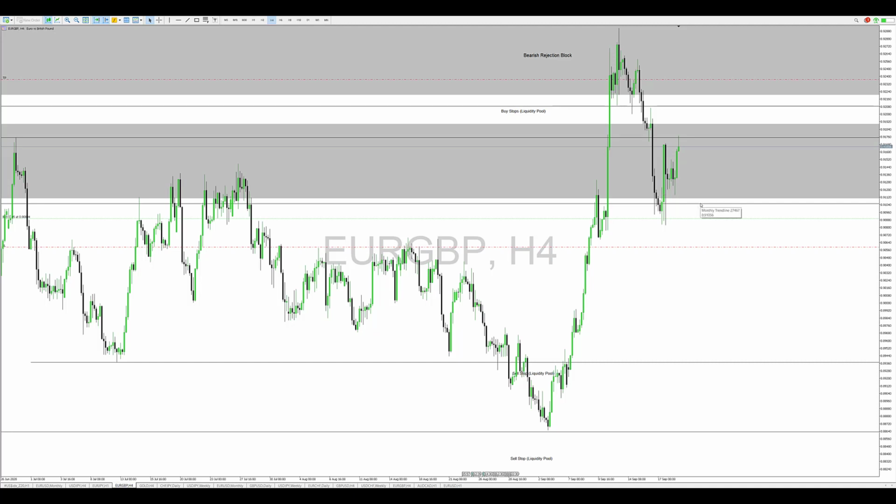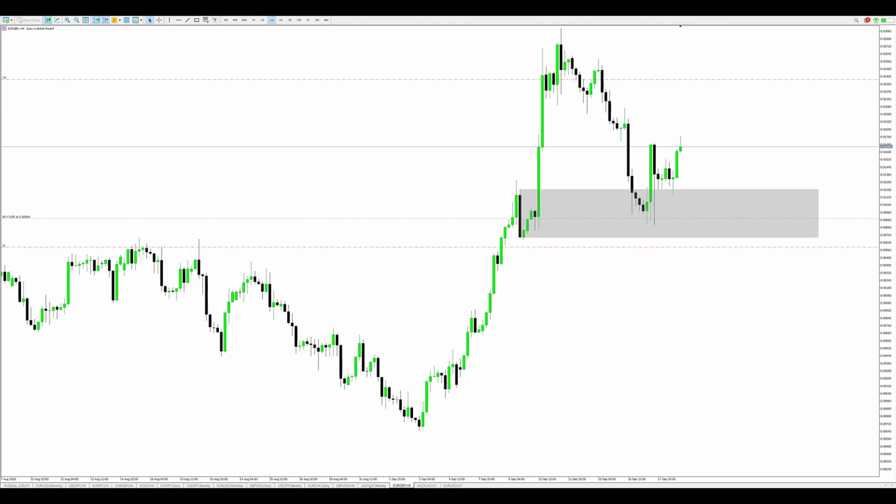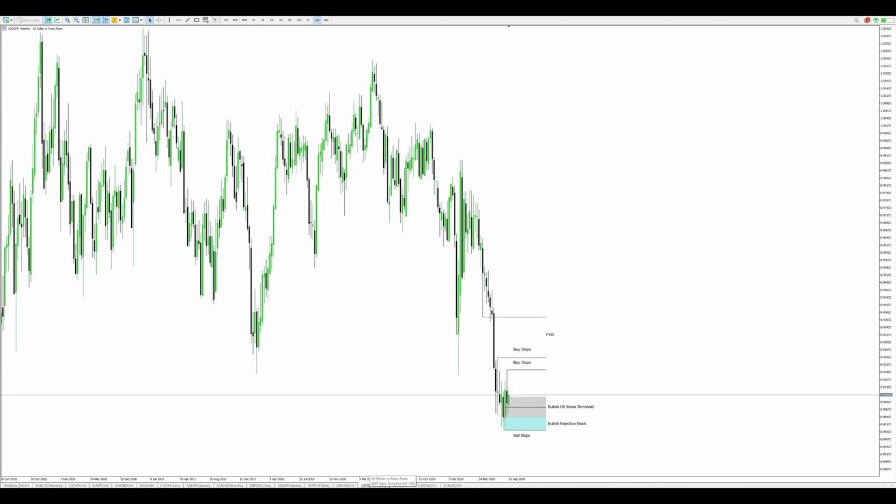Whenever you see price coming back into the 0.910, that area is ideal for long entries to the upside. So yeah, I think that's pretty much about it for this week, guys. And for those who have any questions, you know how to get hold of me.